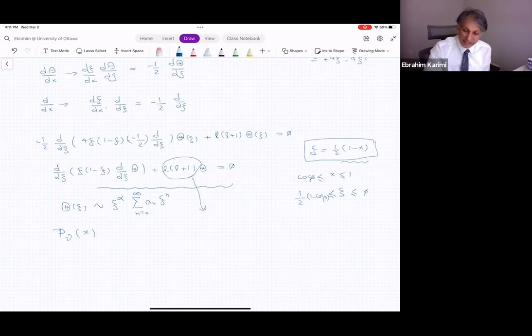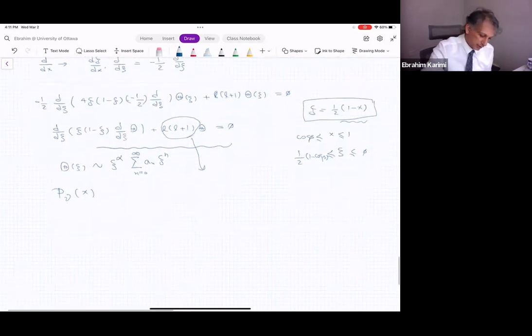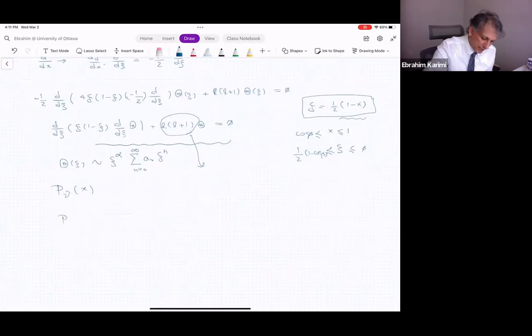But what you will get as a result will be a Legendre polynomial, a Legendre function. But instead of L, you will have nu as a parameter in the calculation. It's not anymore an integer. Okay, so that will be the P nu of cosine of theta as the solution to the theta part.